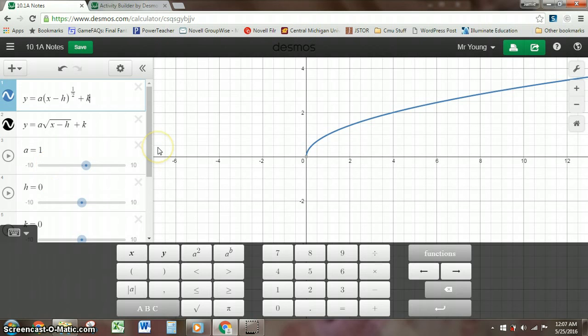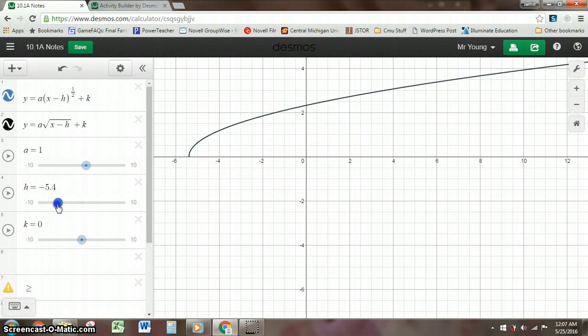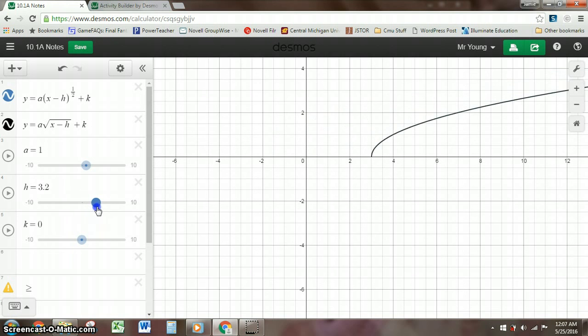Now, I'm going to play around here a little bit with the shape of this graph. But if I take this h value, which if you remember from vertex form of the quadratic, h was the x coordinate of the vertex, we don't really have a vertex anymore, but if we were to take that h value and make it negative, you'll notice that my graph moves left, and if I make it positive, it moves right.